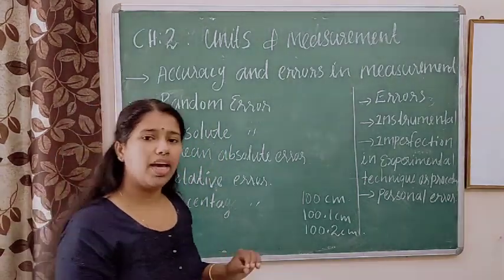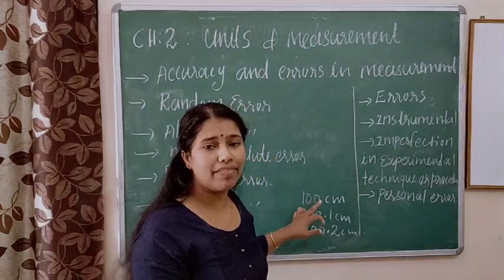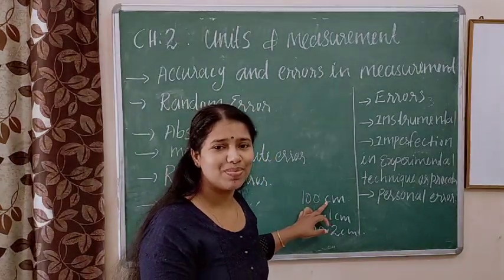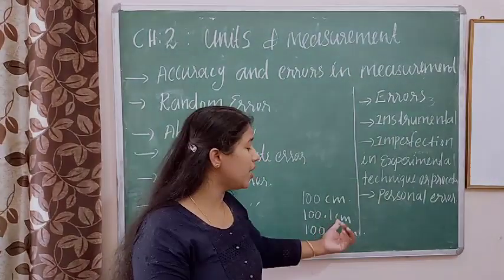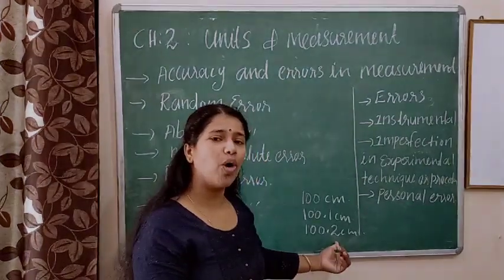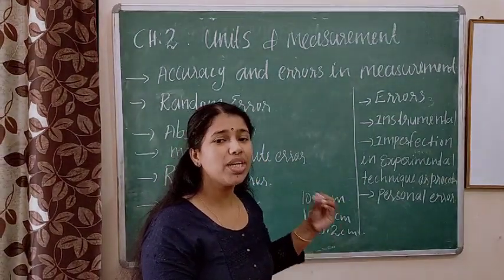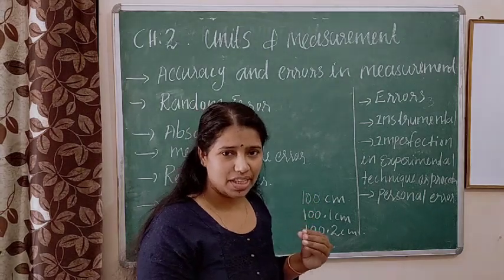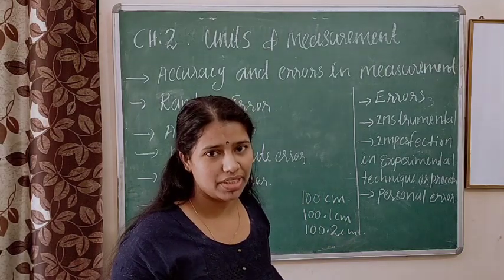Here, just assume the correct value is 100 centimeter. Then what is error? In the first case the error is 0.1 centimeter. In the second case the error is 0.2 centimeter. Actually two terms are there: first is error, second is measurement.